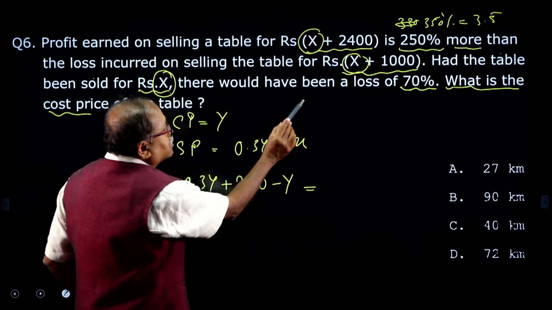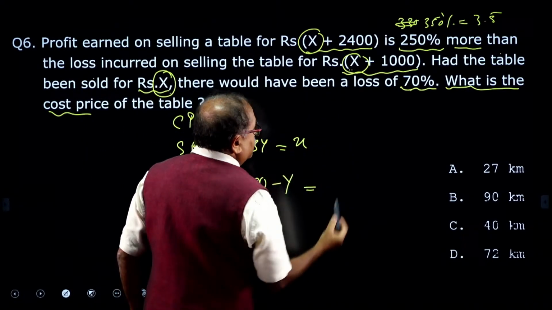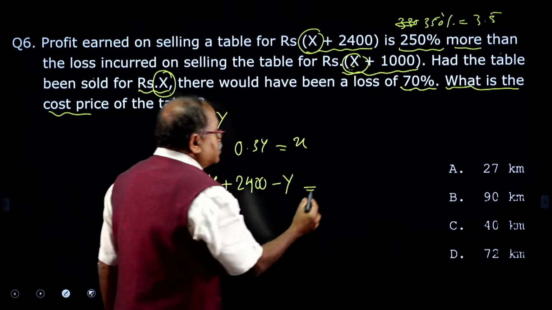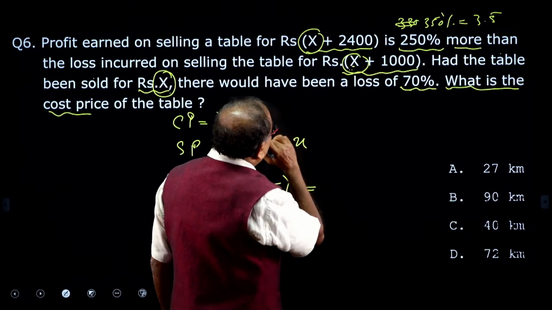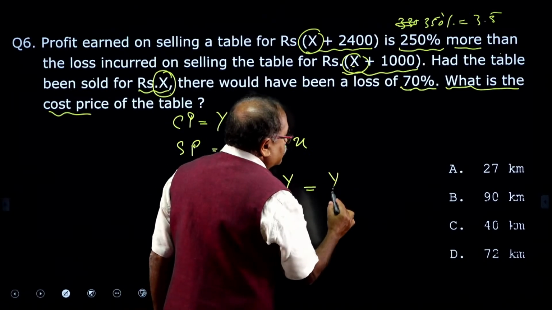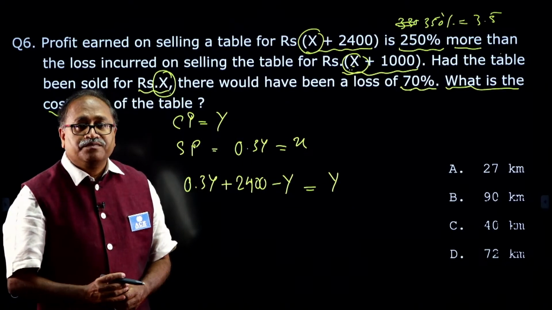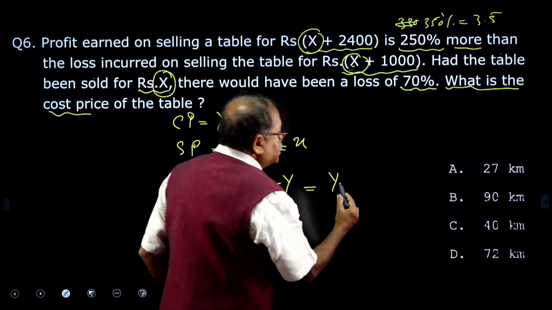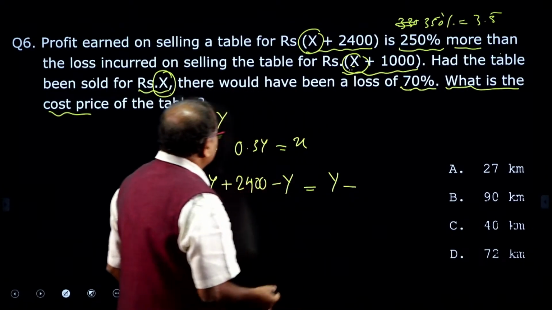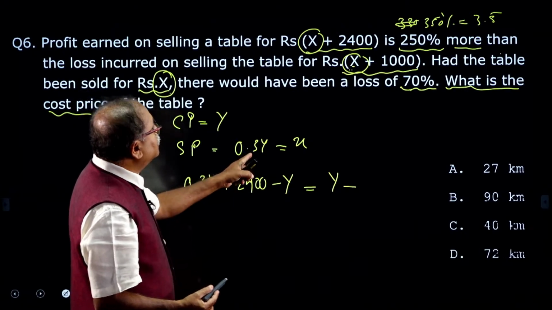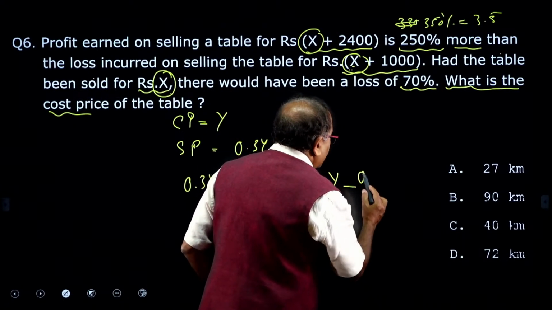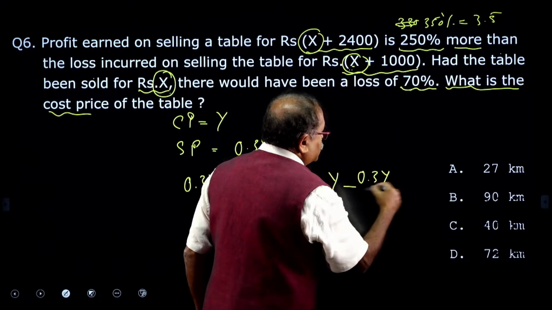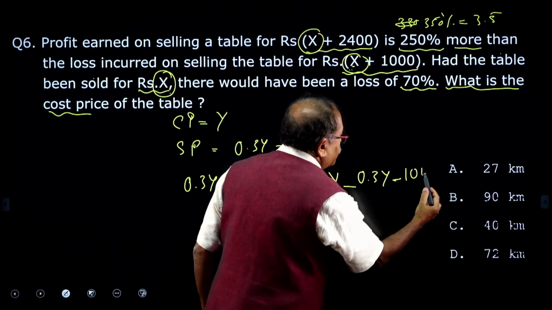So, first replace this, that is x will be replaced by 0.3y. So, because I need to find out the loss, the cost price minus selling price, y minus 0.3y minus 1000, because if the bracket is open you will be getting minus.